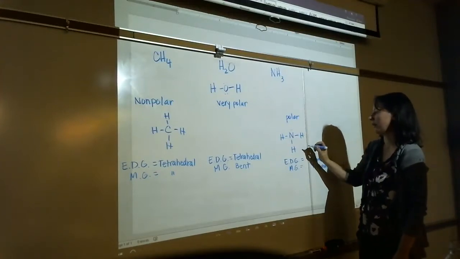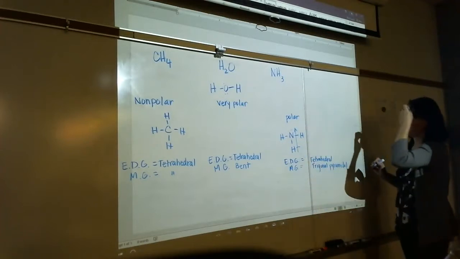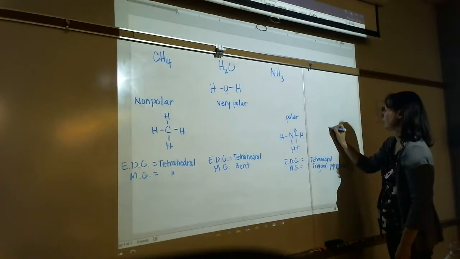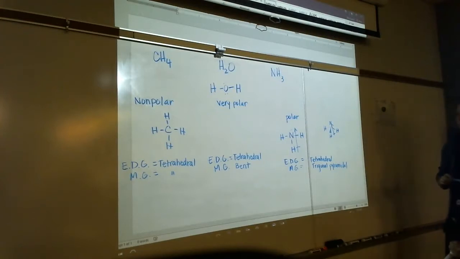All right, so if we were drawing our dipole moment, we would draw it this direction, towards the nitrogen. And actually, we would draw it in 3D space. You've got this one going behind the board, this one coming out of the board, this one in the board, there's nitrogen. You draw it towards the nitrogen. Okay, so that's a polar molecule as well.